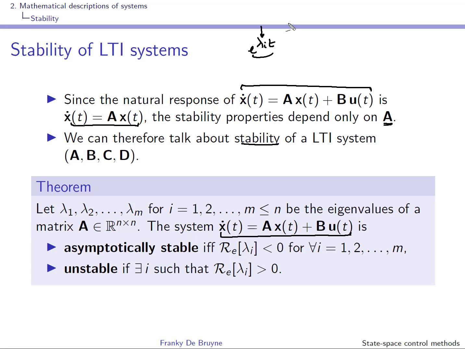So that you would have complex exponentials that are decaying, right? If there is at least one eigenvalue with a real part that is larger than 0, then the system is unstable.